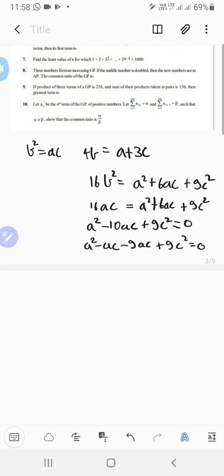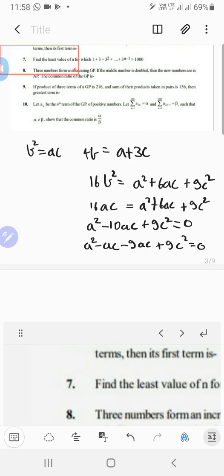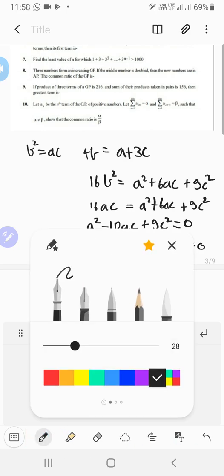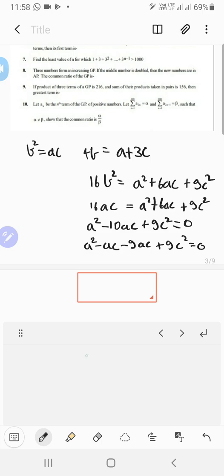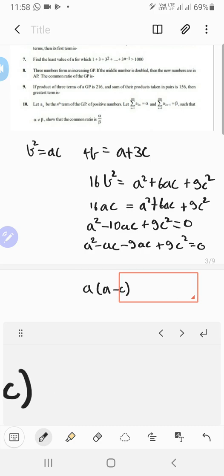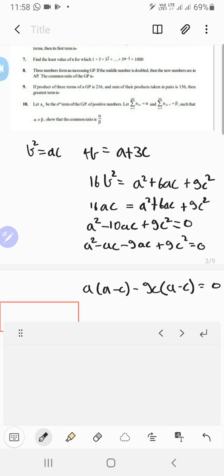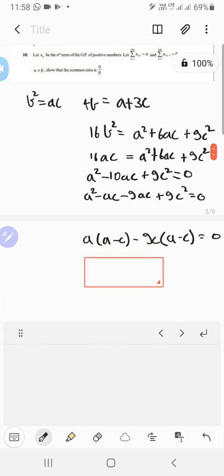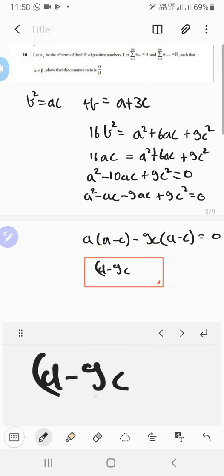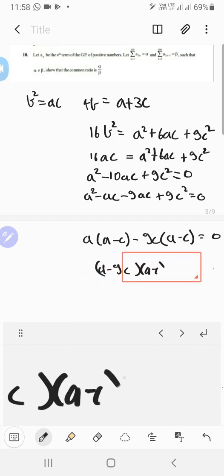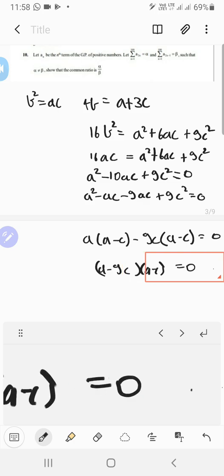Okay, so this can be factored as, you take A common from the first two terms, so you get A times (A minus C), and then you take minus 9C common from the next two terms, so you get (A minus C) is equal to 0. So from that we can say that (A minus 9C) times (A minus C) is equal to 0. Okay, cool.